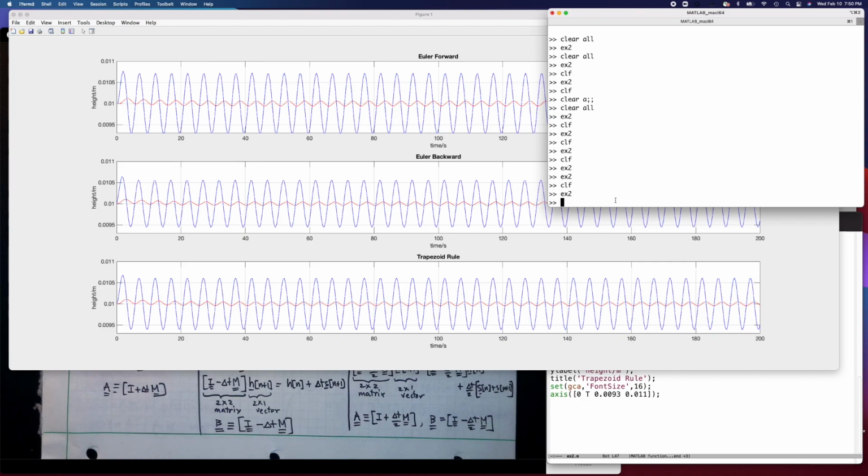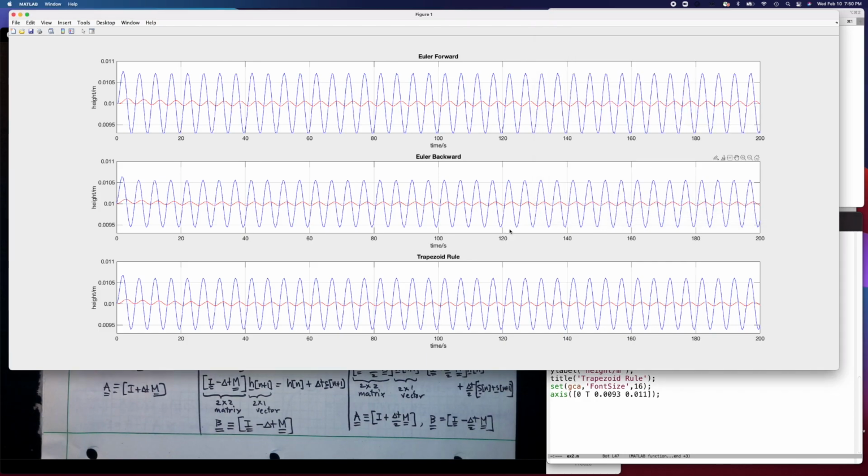All right. So what can we see? The amplitude for the trapezoid rule appears to be a little bit less than the amplitude for the Euler forward. Notice how down here, or at least the lower ends are lower. They don't reach all the way down to the bottom of the scale, whereas in this one they do.